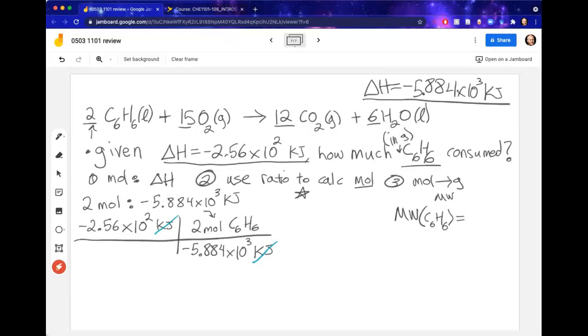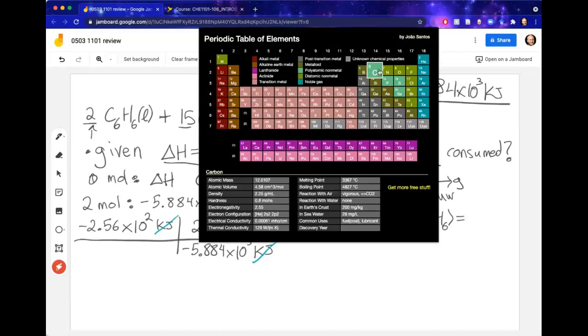Throw it in the chat whenever you're ready. Just got to grab the numbers from the table. Yep, I get that value or something close to it. I got 78.1. Did I make a mistake?